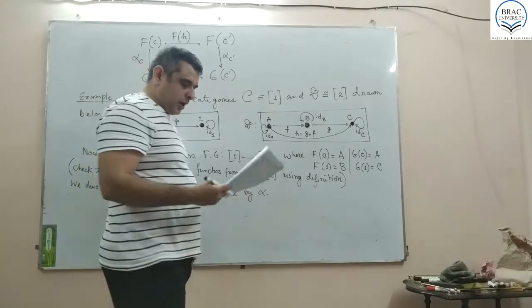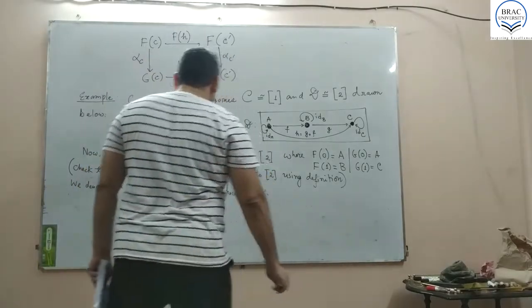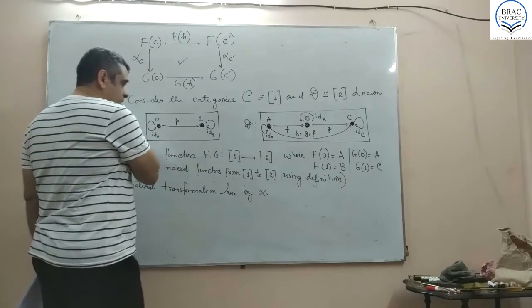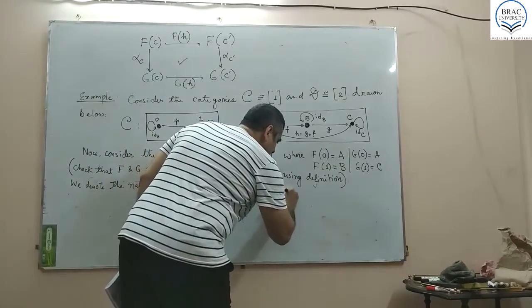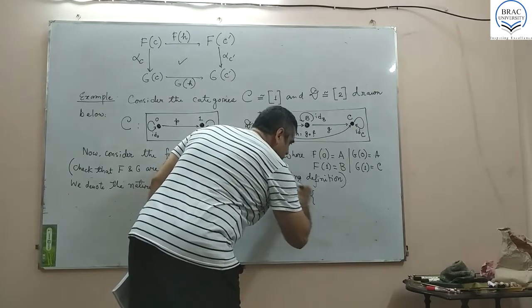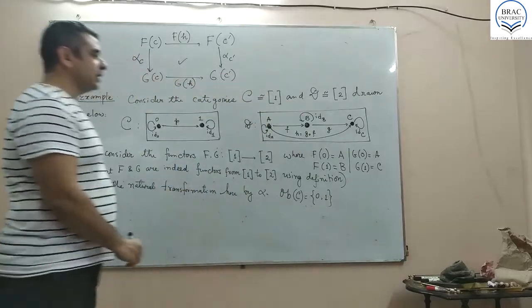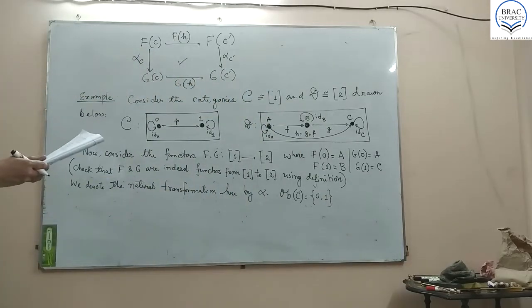There are two objects only in the domain category, meaning that the objects of C form this two element set 0, 1.